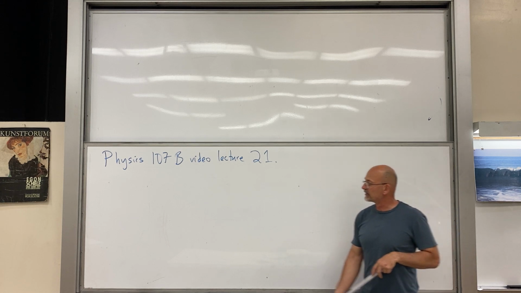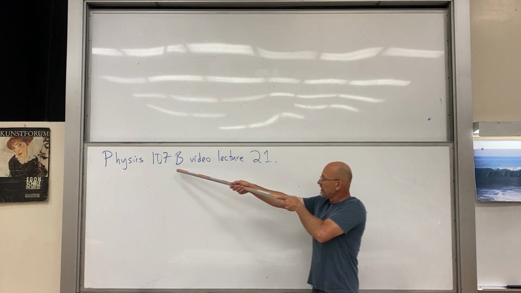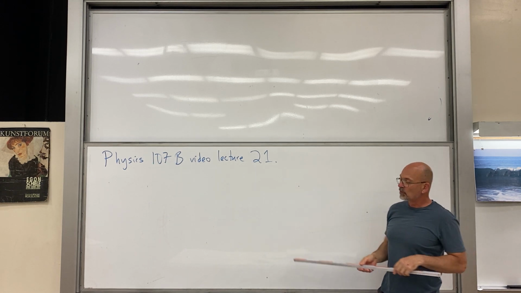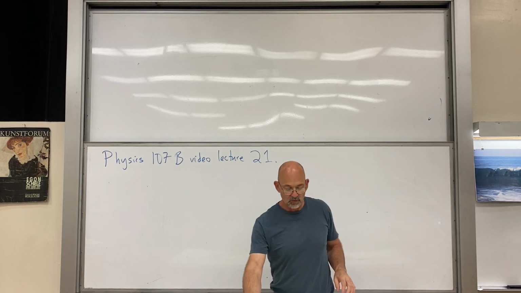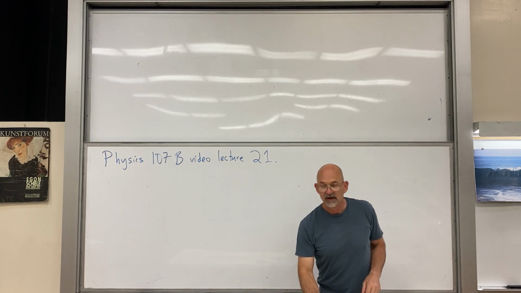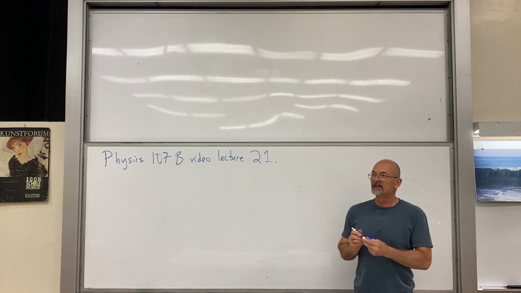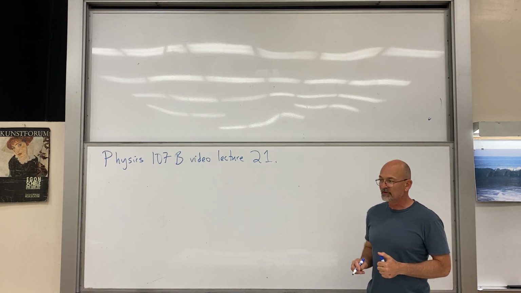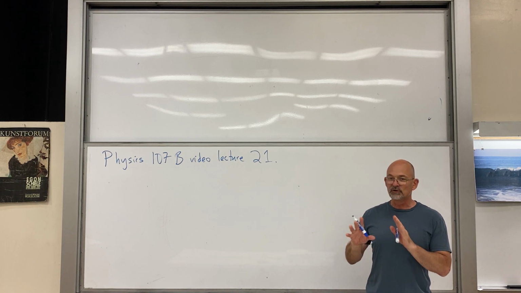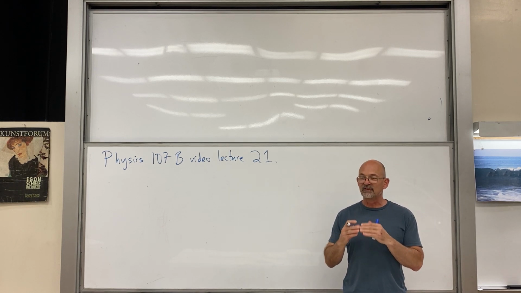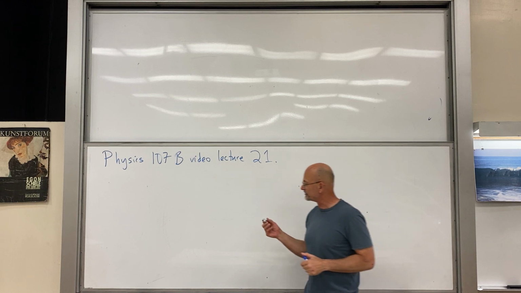Once again, it is Physics 107B video lecture 21. We are working on radiation. What we learned last time is that it's the accelerated charges that produce electromagnetic fields that actually escape out to infinity.